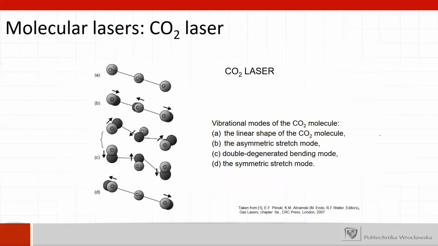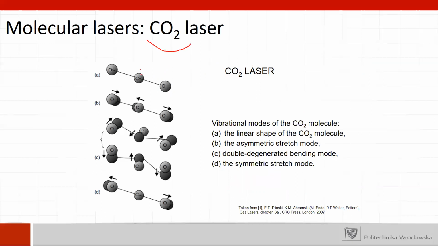Okay, so the next important gas laser is the CO2 laser. This is the second most important laser, and this is a molecular laser. So the emission of light occurs from the CO2 molecule.